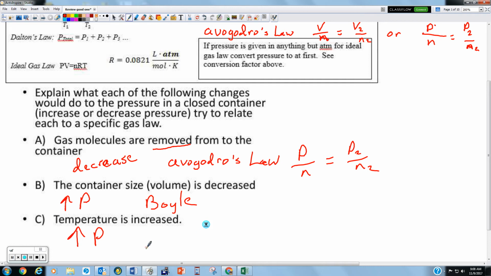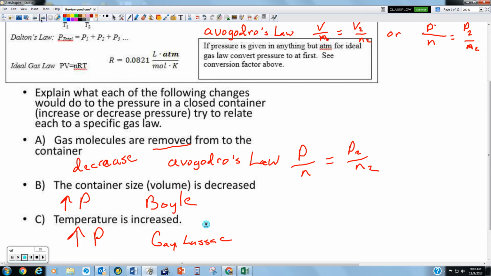And then who deals with pressure and temperature? Gay-Lussac. And then the other thing that we could look at is Charles's law, which relates volume and temperature, but we were specifically focusing on pressure. So we don't see that one on there.